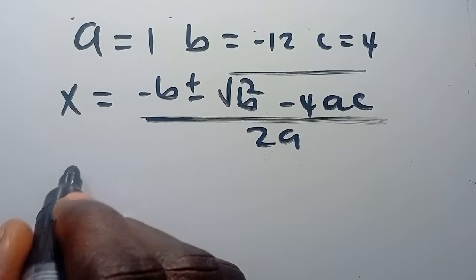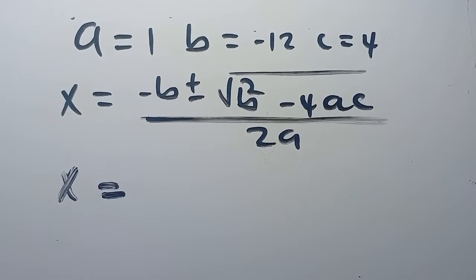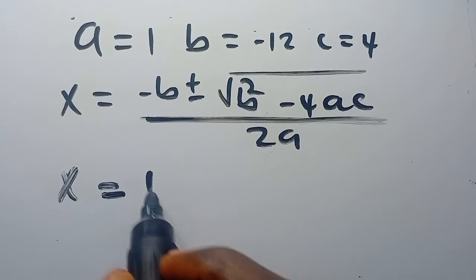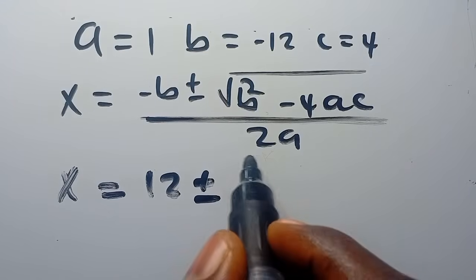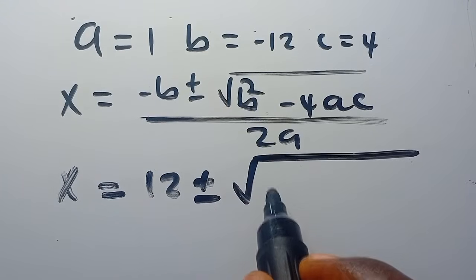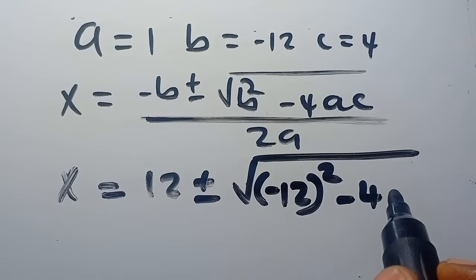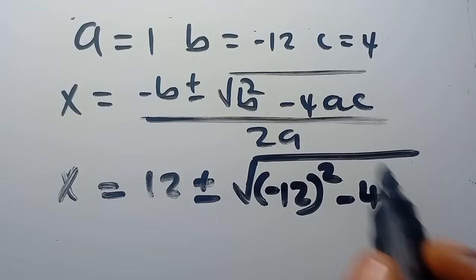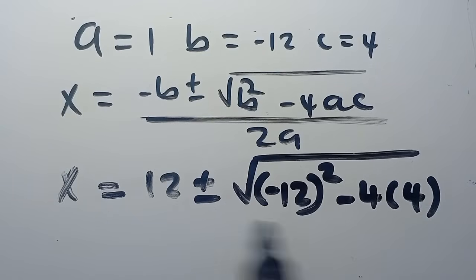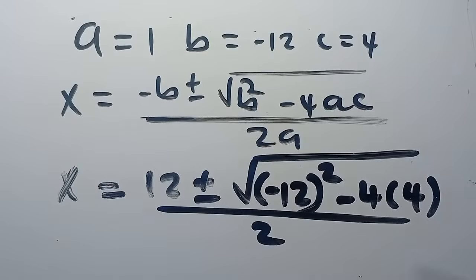So from here we have x equals minus minus 12, it will be 12, positive or negative, the square root of minus 12 squared minus 4 times a times c, over 2.